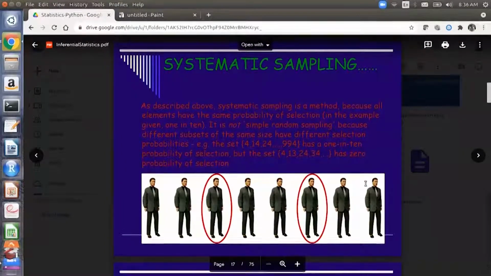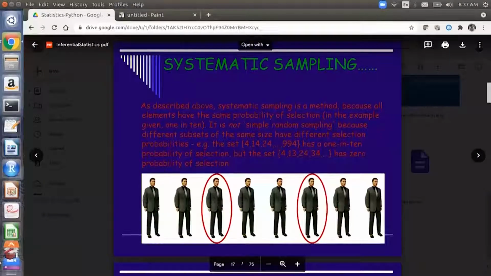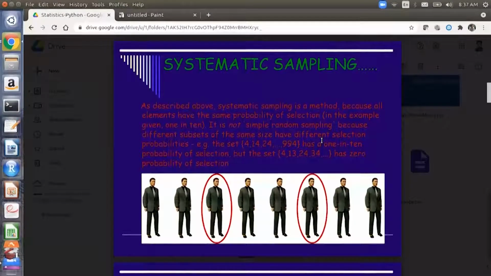Anything is possible in random, but in systematic, definitely every third person it will be picking. So all the people from this section will not come, or this section will not come. So we have defined a certain sort of process in systematic, so it is better than random. Means we are covering the entire data, sir. Yes, correct.